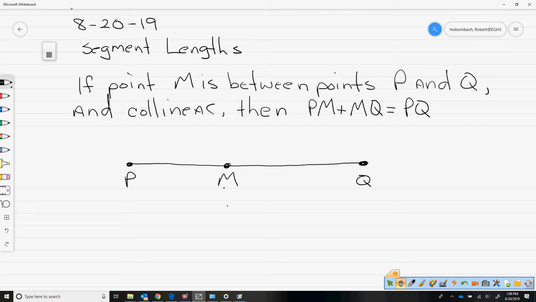What this rule means is that this section right here, if we call PM this red piece, everybody see it? The red piece of that segment, PM is red, and you add it to MQ, which is blue. This is M to Q, isn't it? Then if you take the red piece and you add it to the blue piece, it equals the entire piece, doesn't it? Which is PQ.